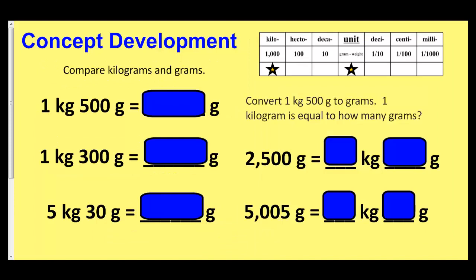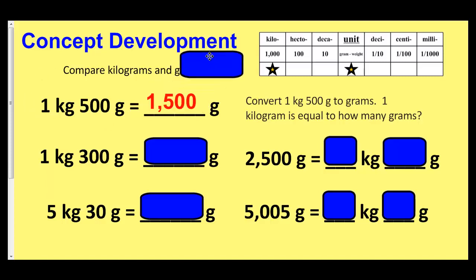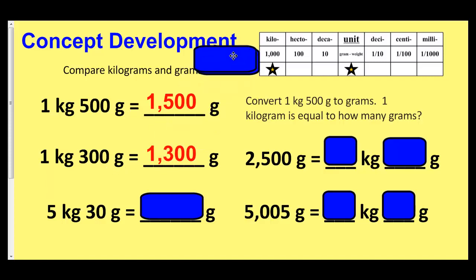You don't have to write this in your journal, but I just want you to do this with me. So if you had 1 kilogram and 500 grams, how many grams would that be? Remember, there are 1,000 grams in a kilogram, so that would be 1,500 grams. 1 kilogram, 300 grams would be 1,300 grams. 5 kilograms, 30 grams would be 5,030 grams.